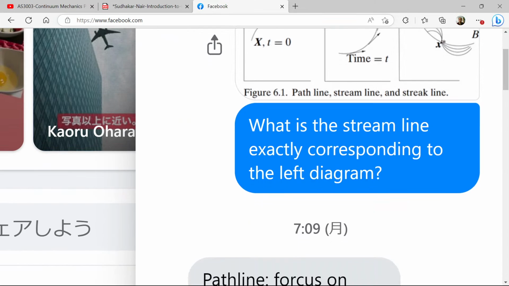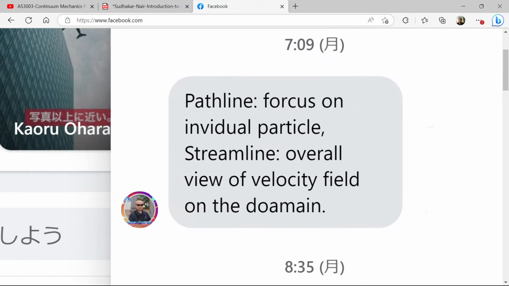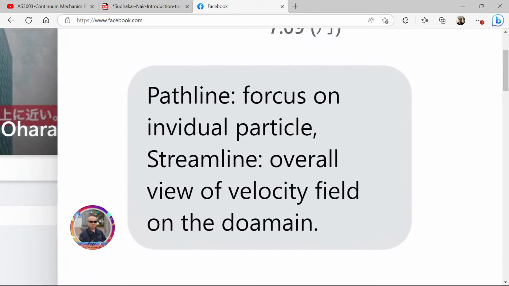And what is a path line? He said this is very important. Path line focuses on the individual particle. Streamline gives an overall view of the velocity field on the domain.